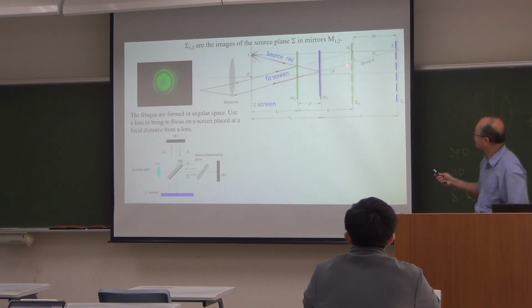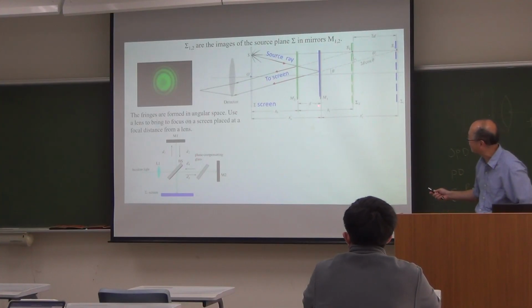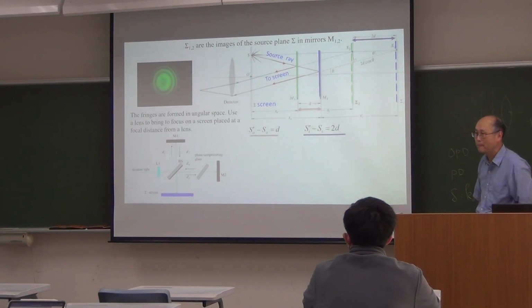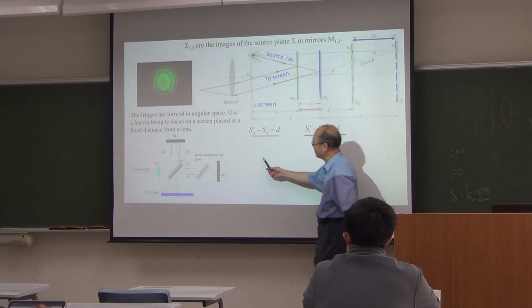So the path difference, initially if you have the M1, M2, the path difference is D, for example. But then, eventually when you reflect it back, the path difference becomes twice. Well, if this is too complicated for you, just look at this.